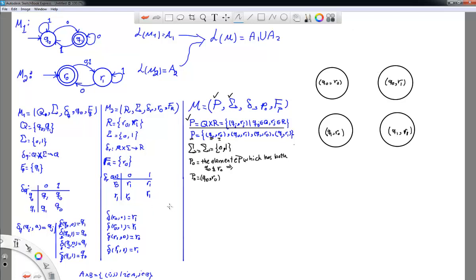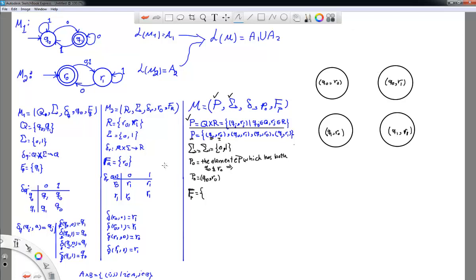Now, before I do my transition function, let's do the final states, because this is also easy at this point. With the final states, we're at the other end of the string. Now we're finished with our computation, and this machine has completed its simulation of the two other machines.